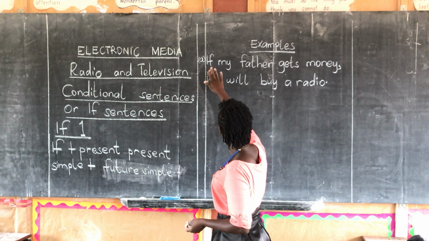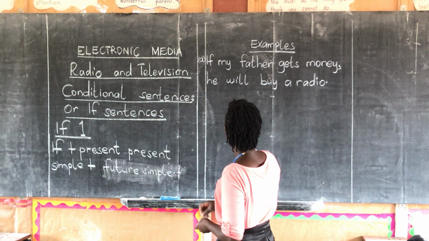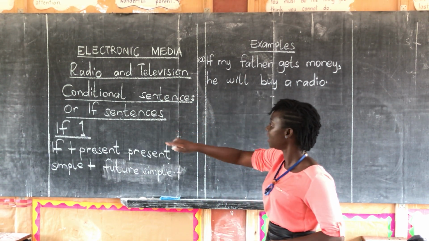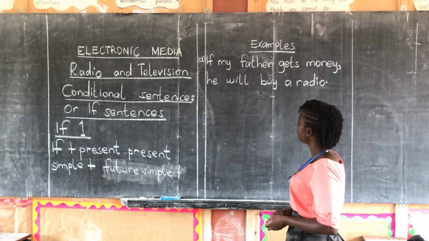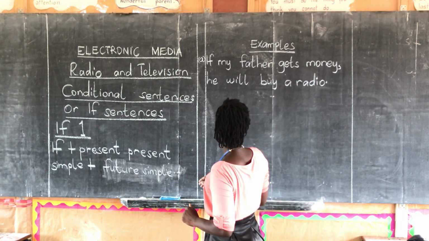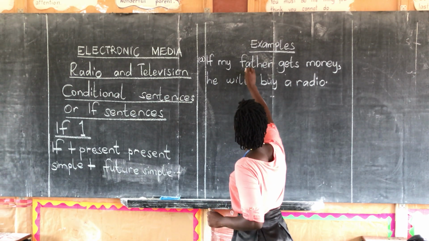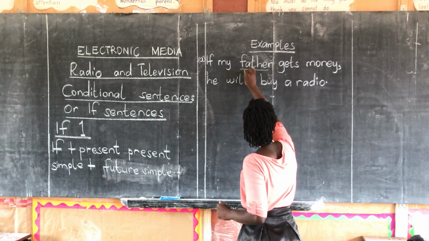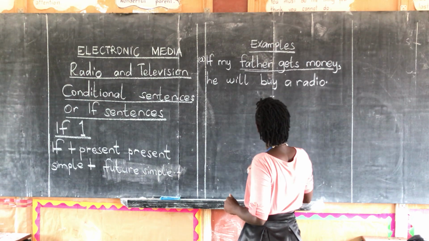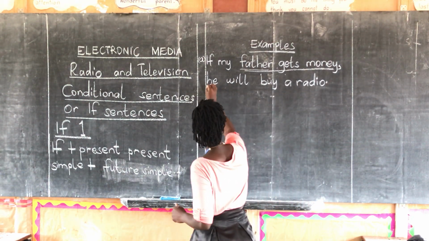Now, when you look at this sentence, we take it to be in if one. Why? Because it takes the present simple, and then the future simple.